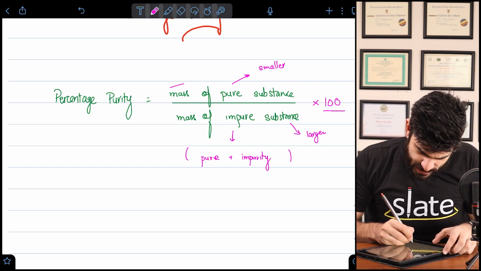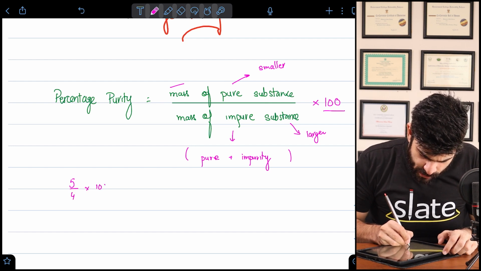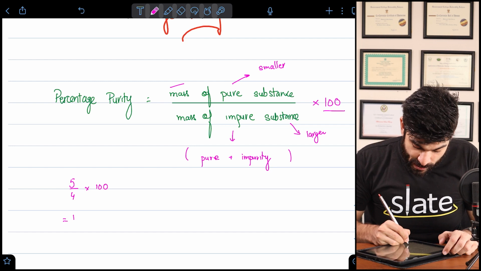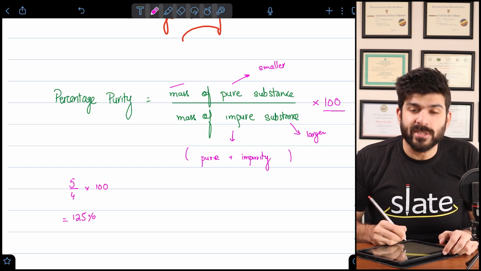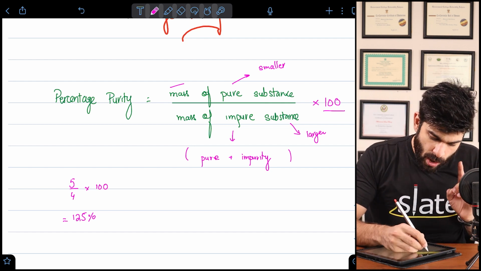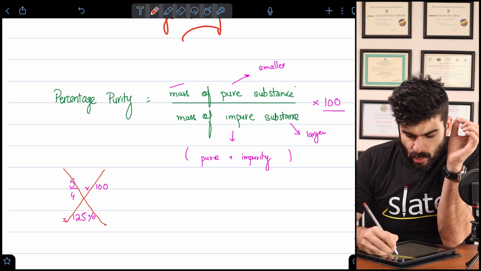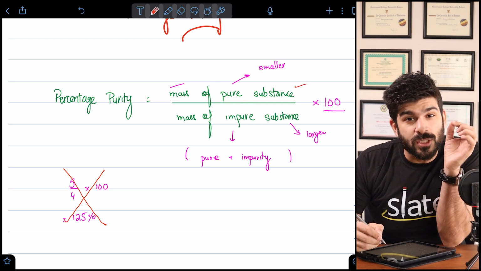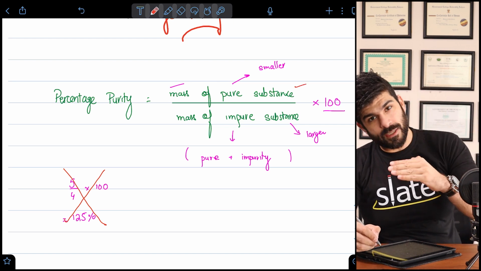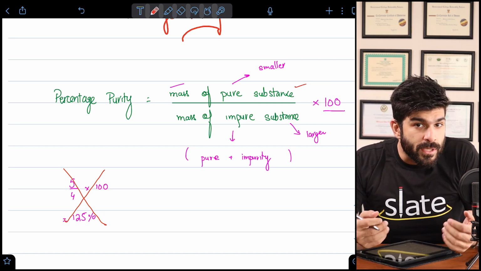In the previous example, let's say we do 5 divided by 4 into 100. That would give us a 125% pure result, which is completely impossible and absurd. So remember, always the value in the numerator is the smaller one and the denominator is the larger value. Because as I repeat, it's a common confusion.